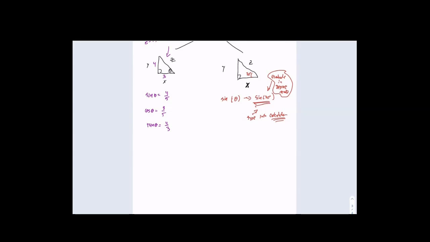So let's do a couple of examples. I'm going to jump the page. Okay. Very traditional problem right here, and I think you might even have one on your homework.